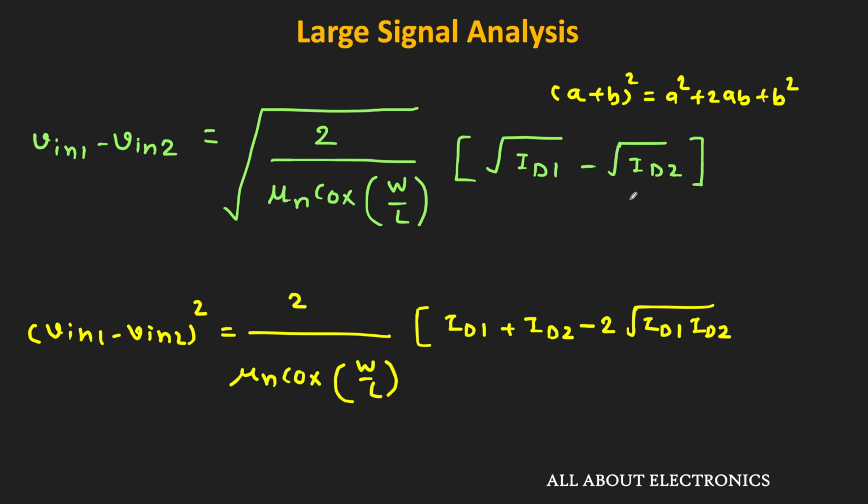So similarly, if we take the square of this bracket, then we will get this ID1 plus ID2 minus 2 times square root of ID1 times ID2.